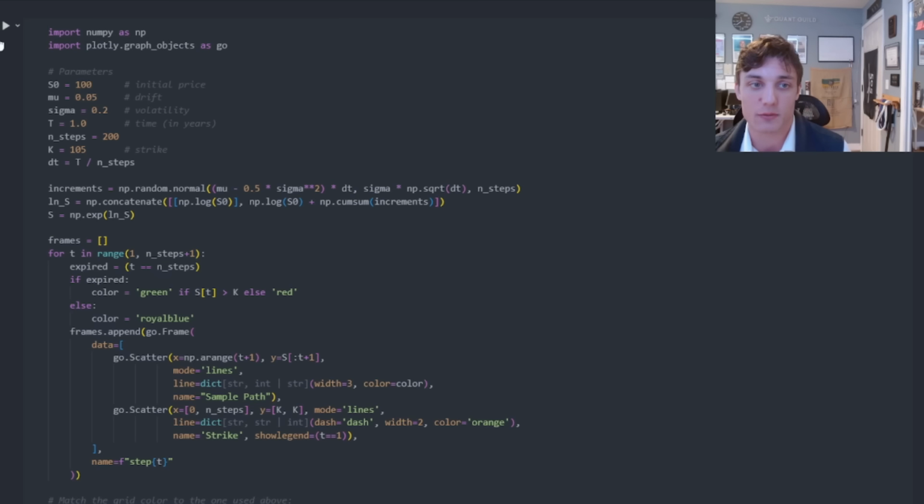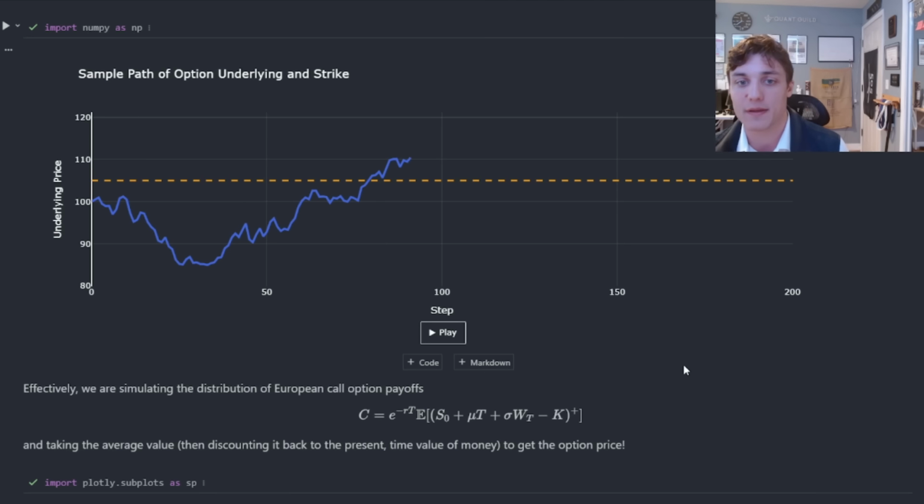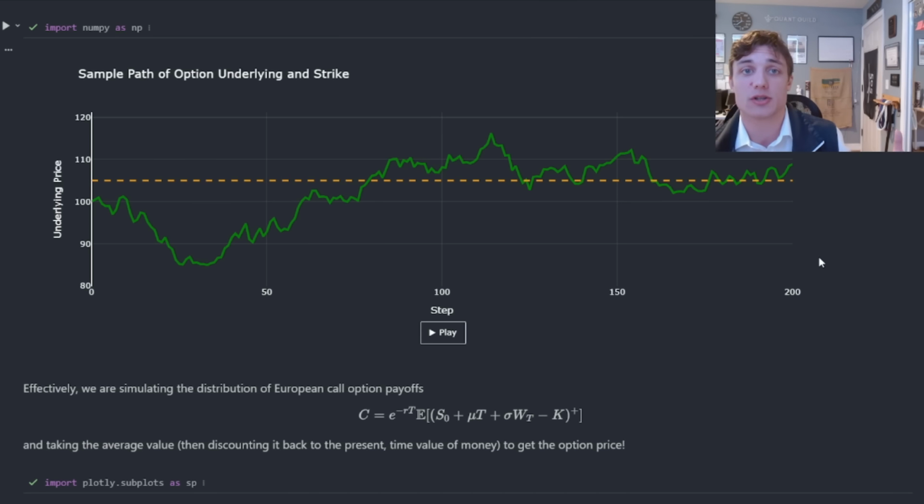Let me make sure that I don't have a random seed here. Doesn't look like I have a random seed. I'll run this again. I'll get a different path. I'll record the payout, discount it back to the present. I'm going to do that a large number of times. Effectively, I'm just sampling the terminal distribution of the stock price process.